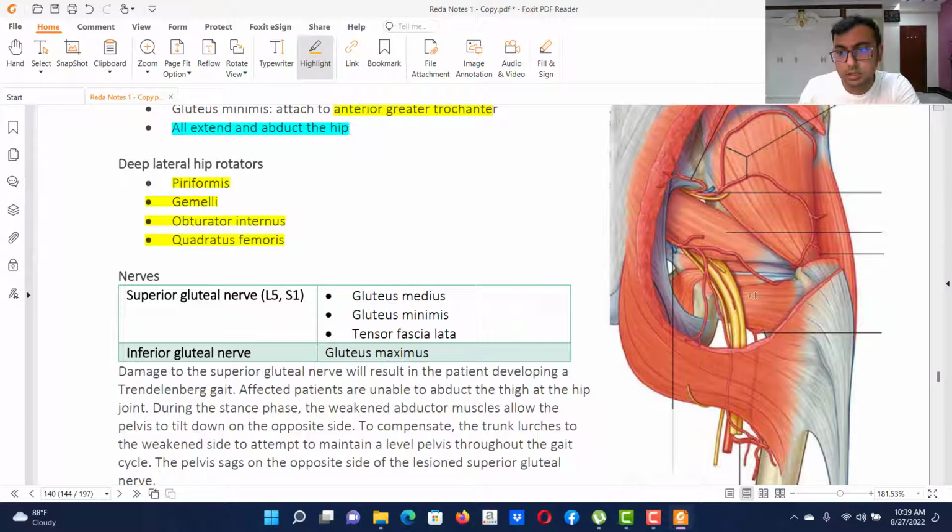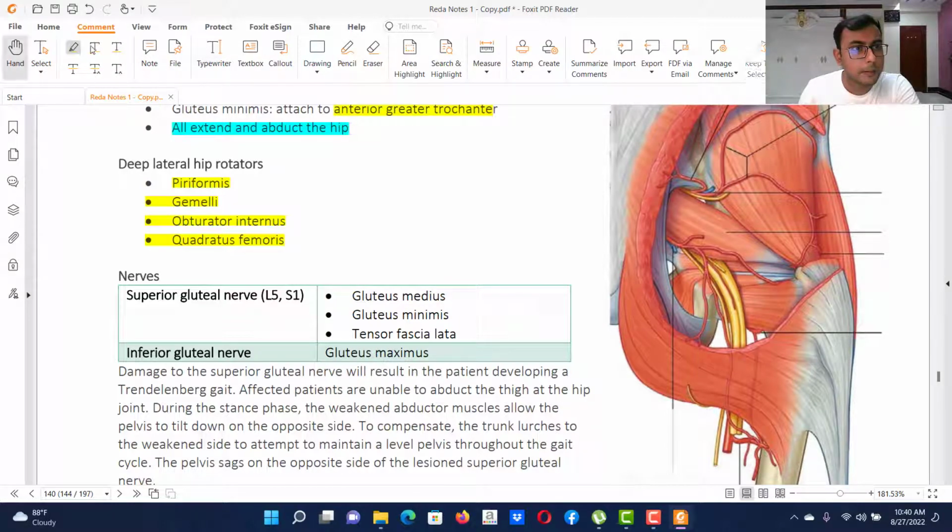So here you can see this is the quadratus femoris. Let me highlight with the pencil. Here this is the quadratus femoris and this is the piriformis muscle, and this is the gemelli muscle. This is very important.